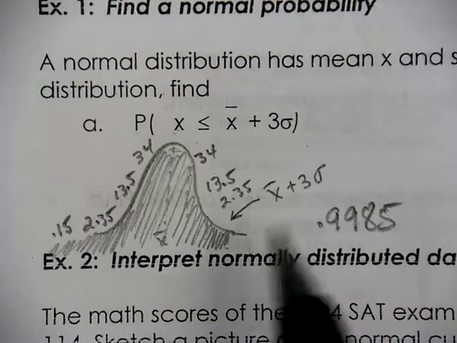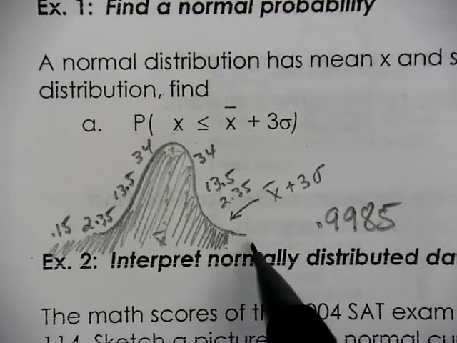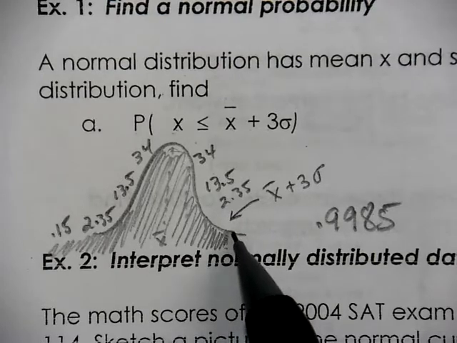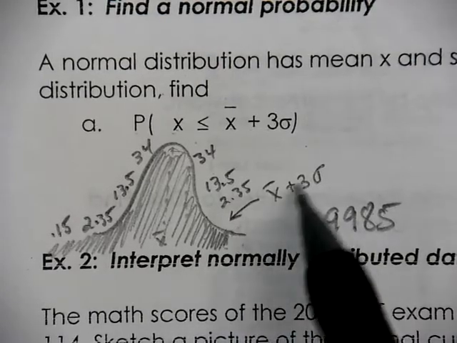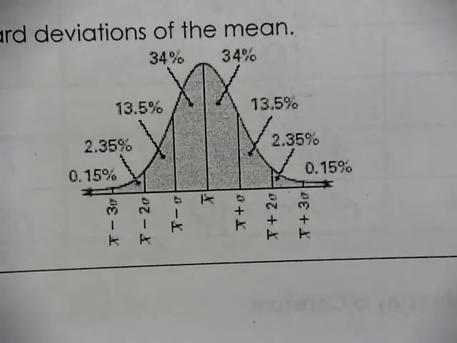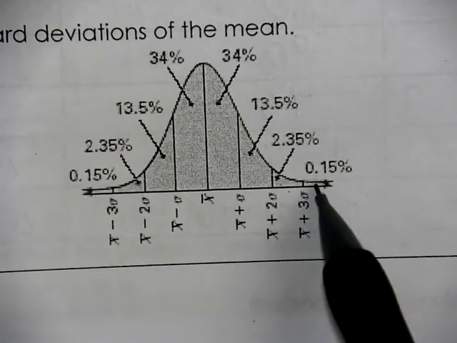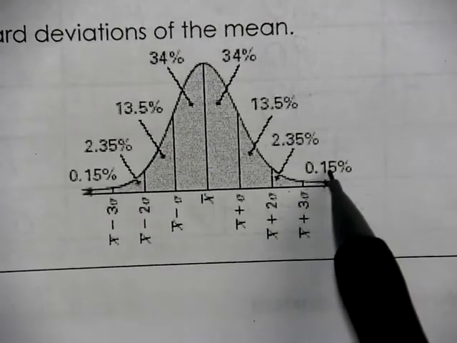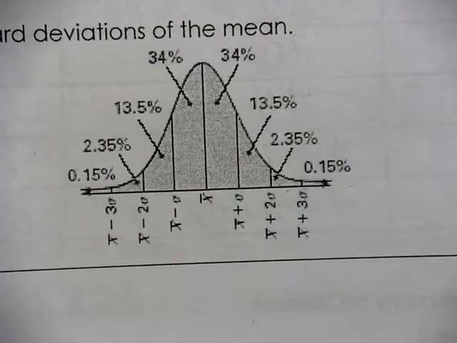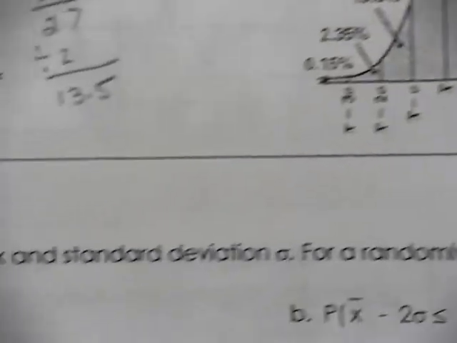Another way you could look at it is the value you're not interested in. You're not interested in what is greater than 3 standard deviations. Coming over here to the other figure, we see that above 3 standard deviations is 0.15. That's the part we don't want.